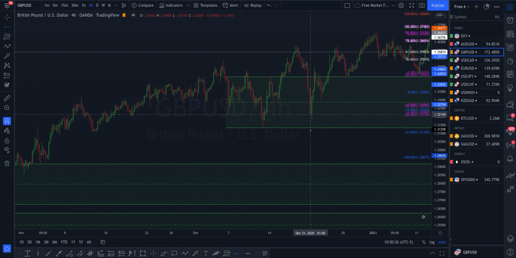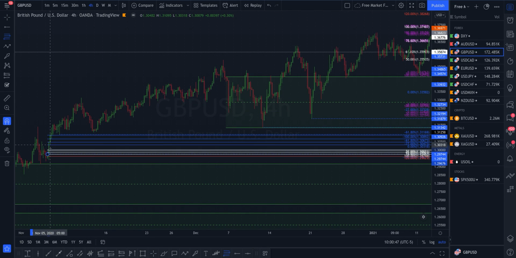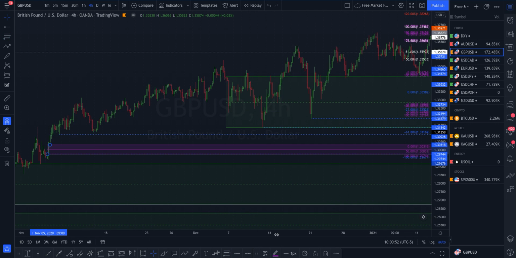Okay, partial. This will be a partial because this is a gap fill. And of course 100% is right there.